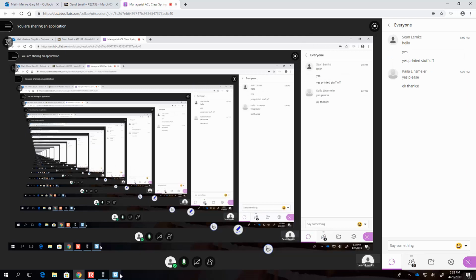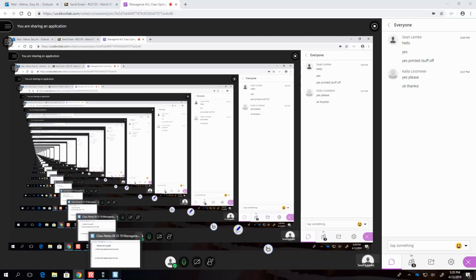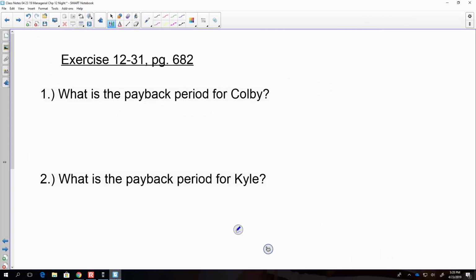On problem 31, let's start with Colby. Is this an even cash flow or an uneven? Even, right? So when we're doing payback, that's the first thing we need to look for, whether it's even or uneven cash flows. In this case, it's even. So then the payback is really simple. I take my investment and divide by the cash flow.